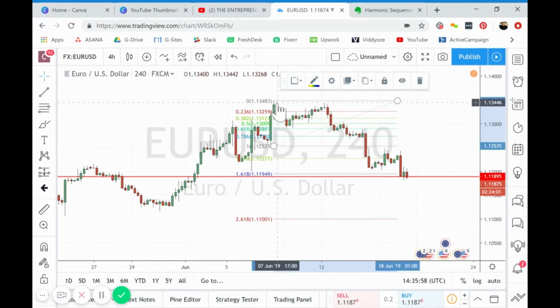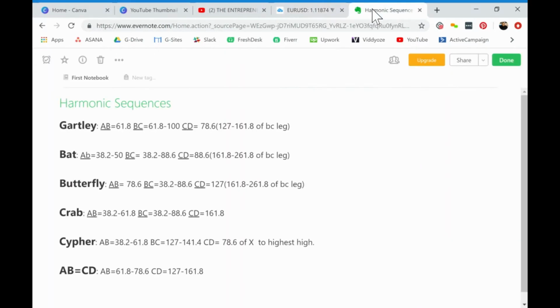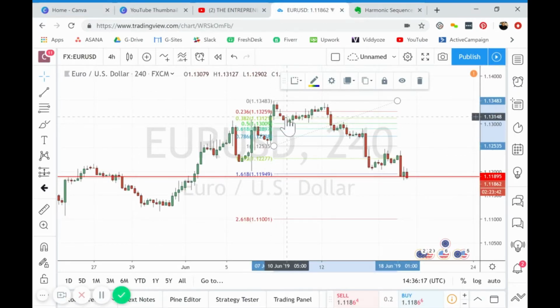From here to here, our very first retracement pulls down in between 50% and 61.8. Okay. So if we go back to the reference chart, our first pullback should be between 382 and 61.8, which it clearly is because it pulled down into the 50% mark. So it clearly passed the 382. All right.